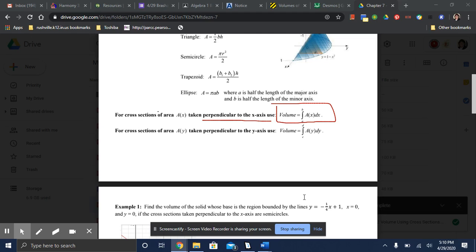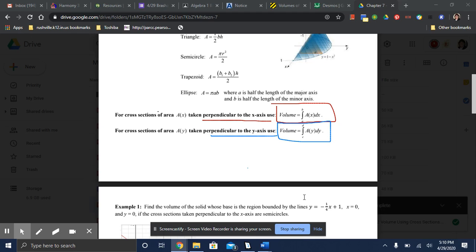So you would want your equations to be in terms of x, like y equals something x, and use dx. If your cuts are taken perpendicular to the y-axis, then the volume is based on y, and your limits of integration are based on y. You would solve your equations for x equals, and it would be in terms of a dy.